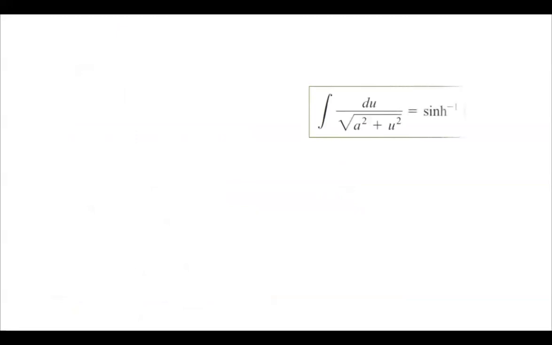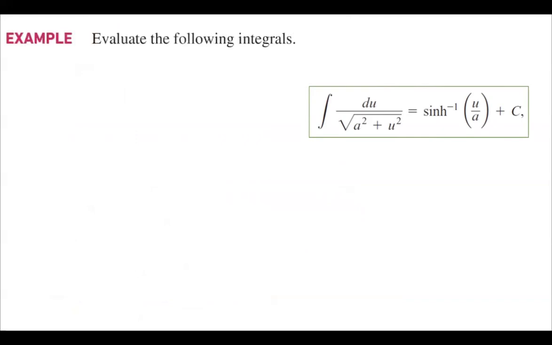So we just learned that the integral of du divided by square root of a squared plus u squared is nothing but inverse hyperbolic sine of u divided by a. So in this example, I ask you to evaluate the following integral. The integral of dx divided by square root of x squared plus 16, where x is bounded between 0 and 3.